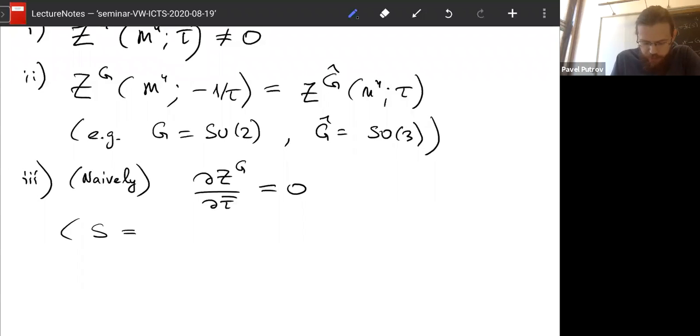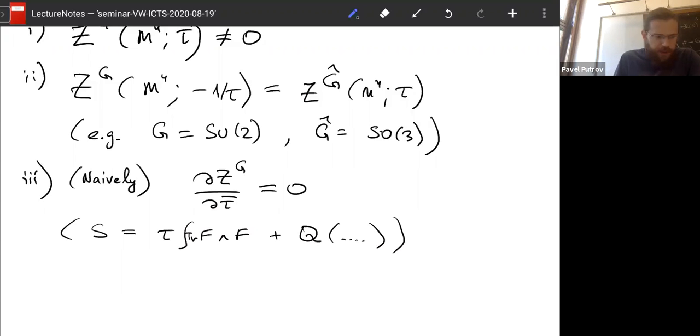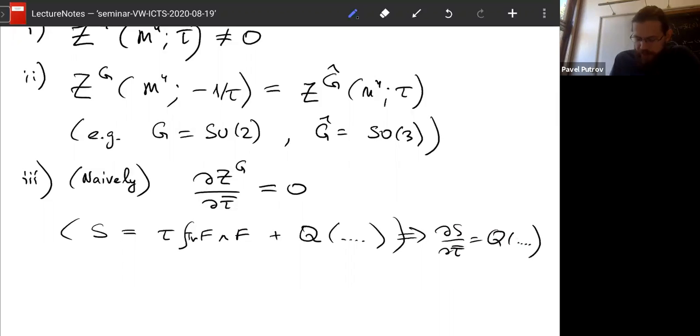It's possible to show that the action of this four-dimensional theory can be brought to this form: tau times an integral of the trace of F, where F is the gauge field strength, plus Q of something, where Q is some supercharge. From this, it follows that if I take one derivative of S with respect to tau bar, this will be Q of something.